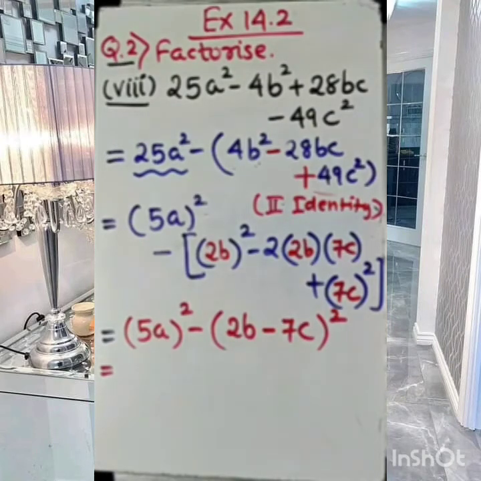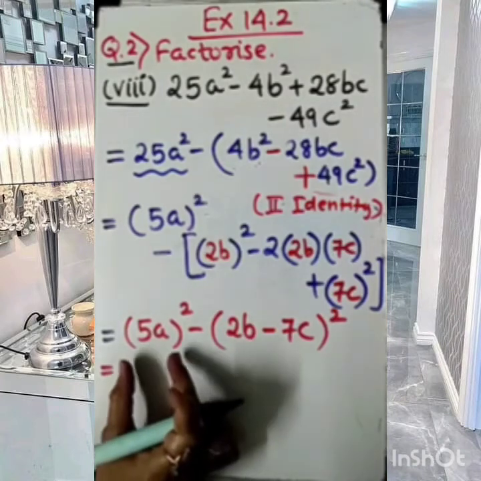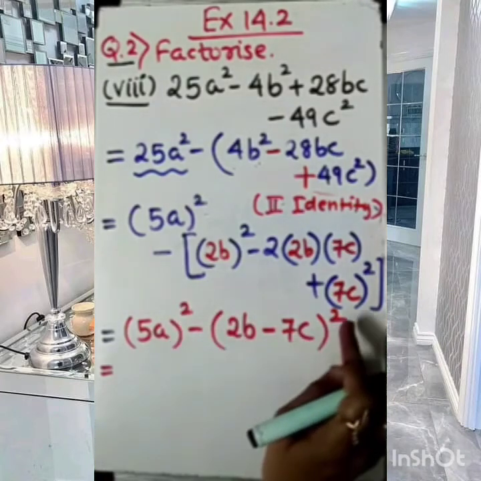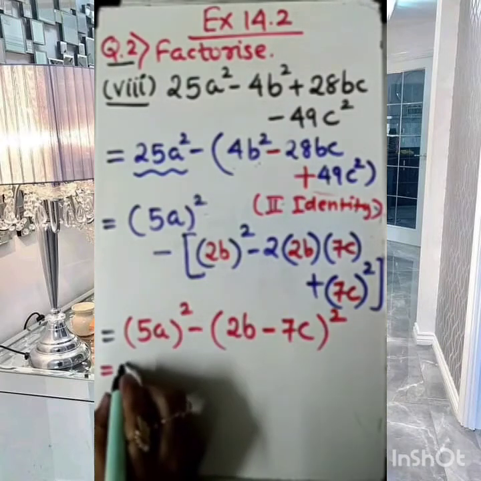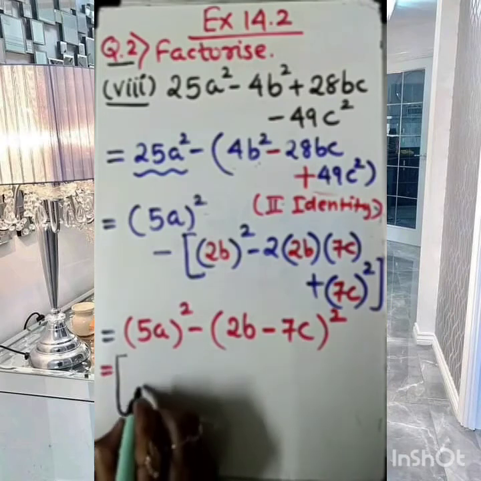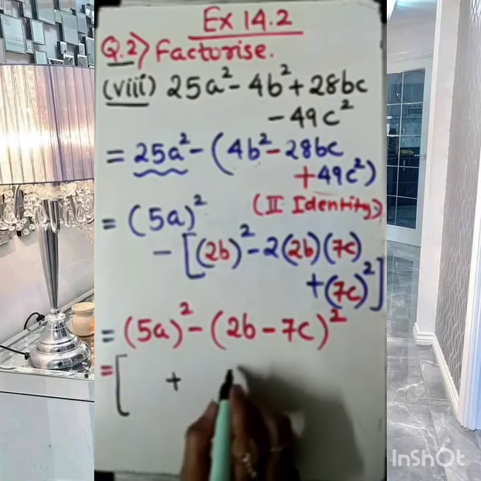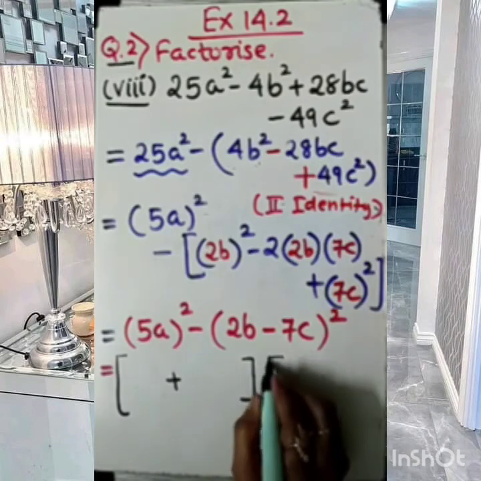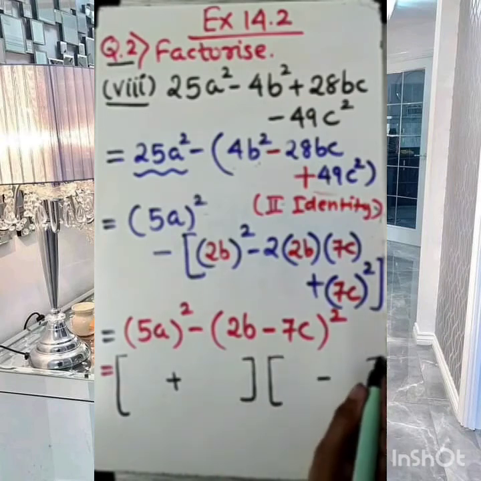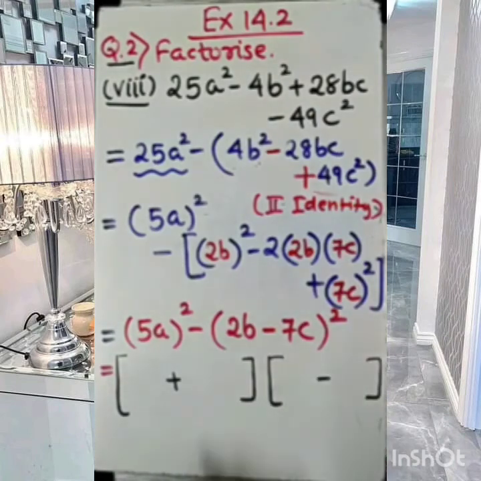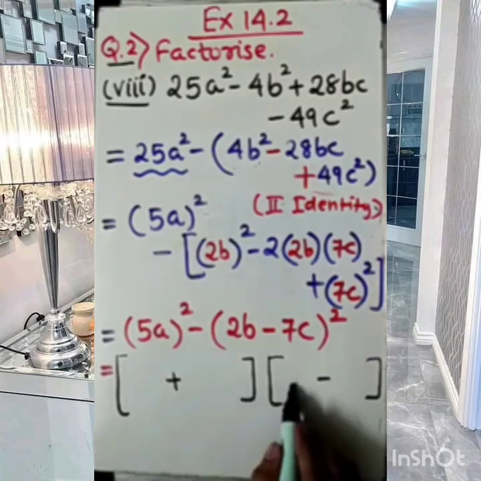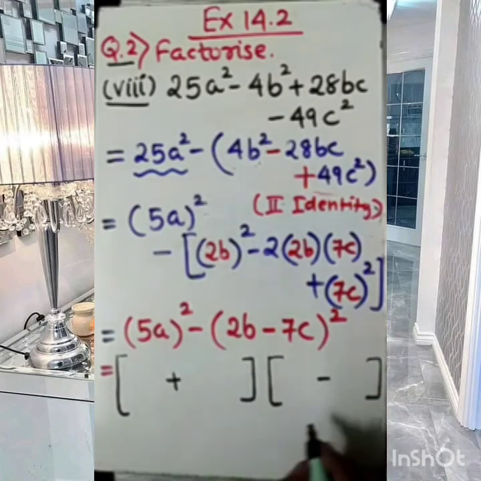Now you can compare it with third identity. Okay, if I compare with third identity, this a square minus b square, it gives the result. What result they give? A plus b and a minus b. It gives the result a plus b, a minus b. Which identity we apply here?